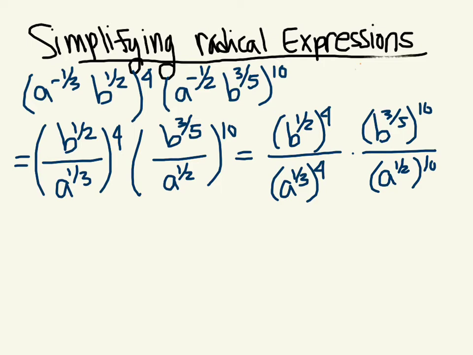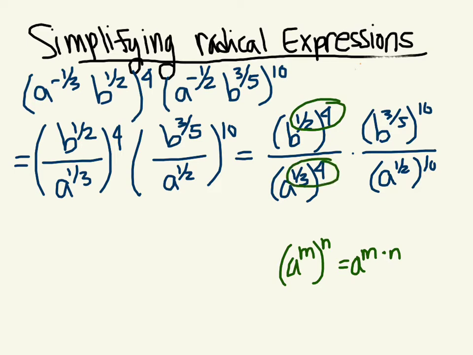Now I can go ahead and use the rule that says a to the m to the n is equal to a to the m times n. So using this rule, I'm going to multiply these exponents with these exponents, and turn those exponents raised to an exponent into a single exponent for each one.